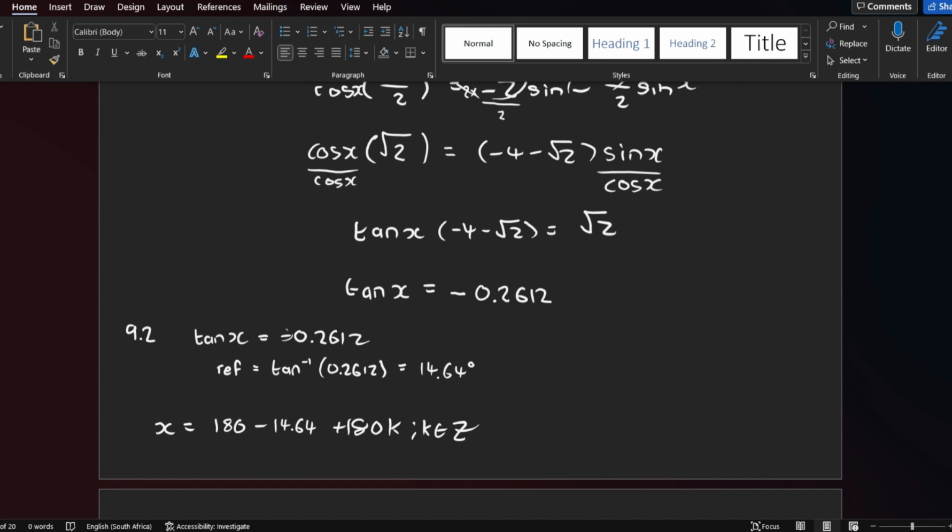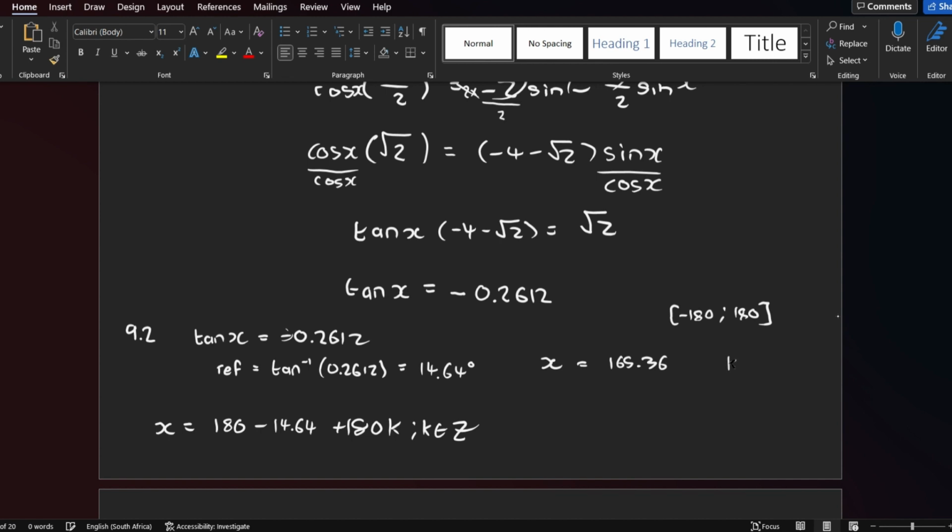And when substituting values of k into this formula, we can get values for x within that range, negative 180 to positive 180, or within that interval. So substituting when k is 0, we get x equals 165.36.